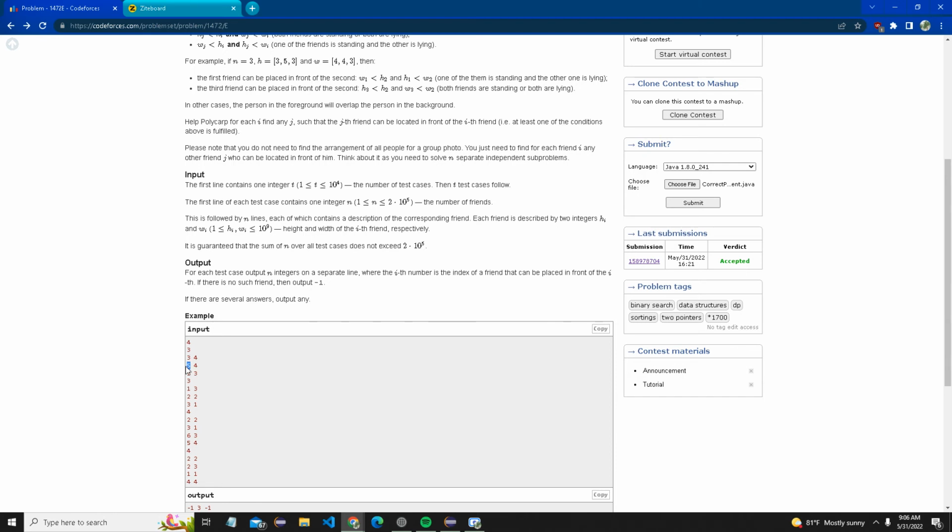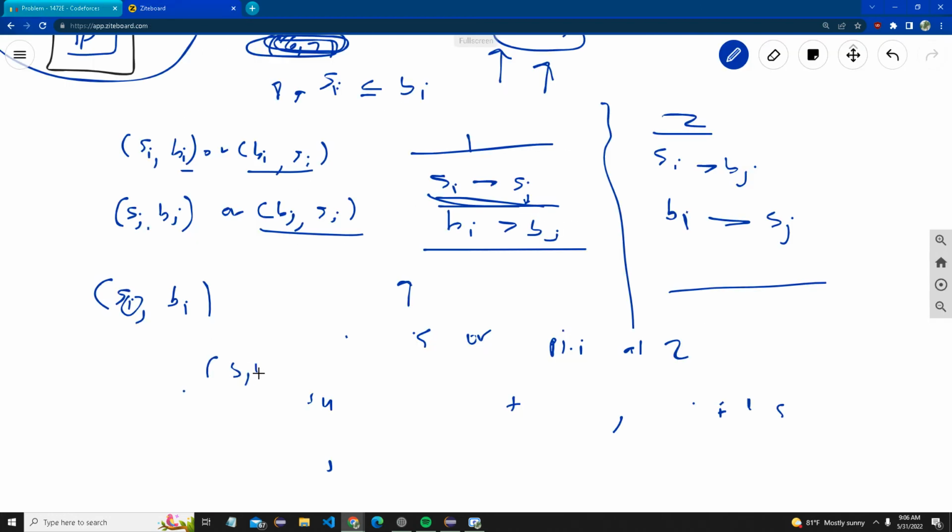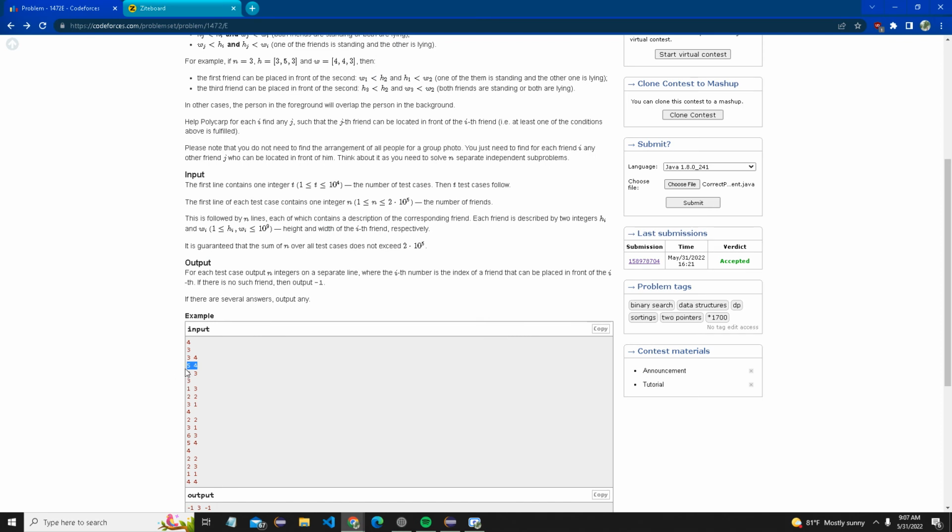So for 5 4, when we process it, we're going to make this into 4 5. We'll basically rotate it. You only rotate a rectangle if and only if the first argument is bigger than the second argument, because you need to make sure that the smaller argument is first.